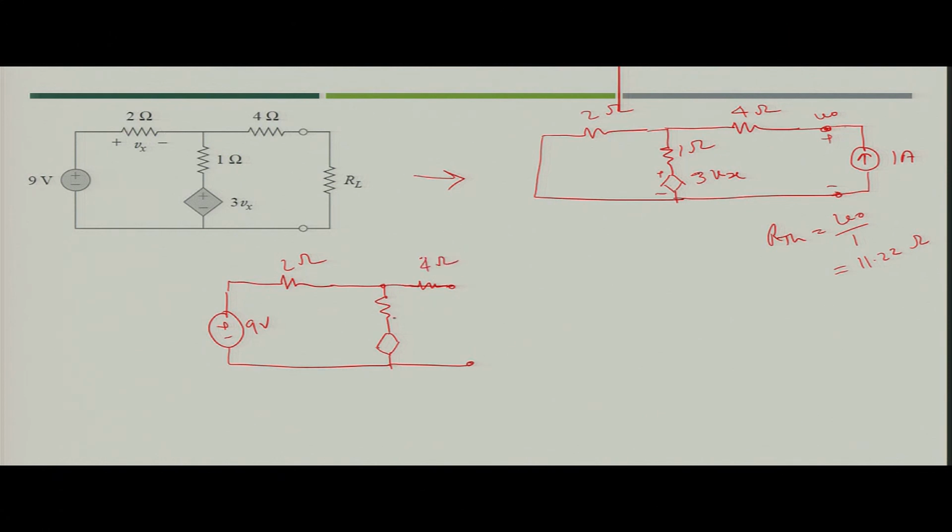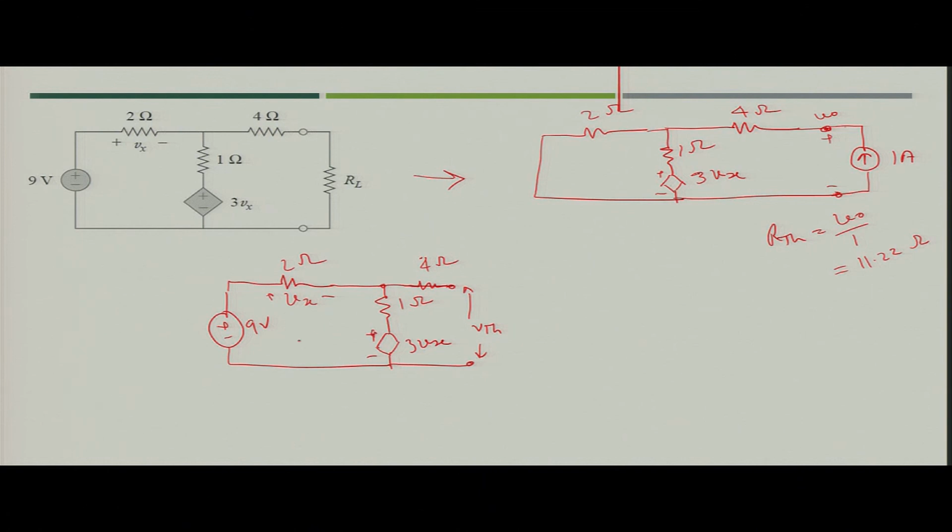So, here you can find out the value of V T H, where the 3 V x is there, and 1 ohm is the resistance along with the 3 V x dependent voltage source, and the dependent variable for the dependent voltage source is the voltage across the 2 ohm resistance.